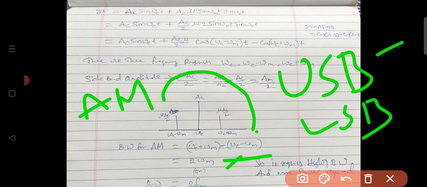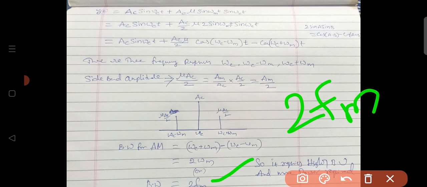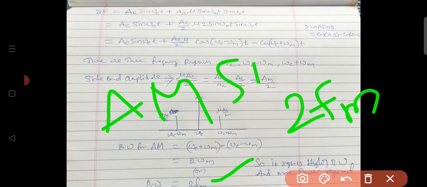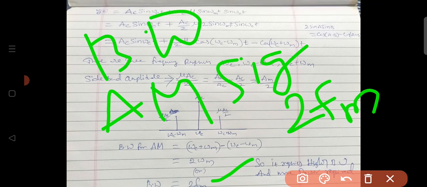In some textbooks it is represented as bandwidth equal to 2 fm. Bandwidth of the AM signal is 2 fm or 2 omega m.